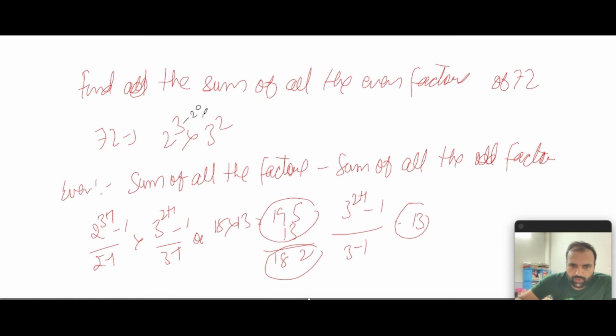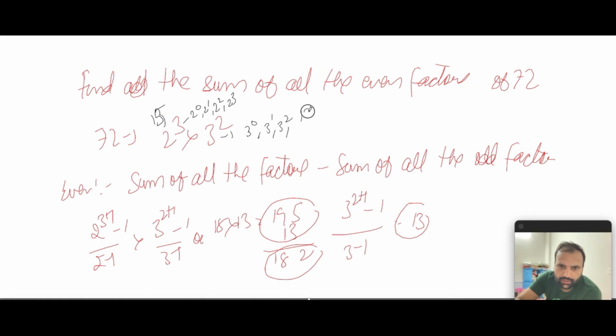Again, the sum of all the factors we can take from here: 2 cubed means 2 to the 0, 2 to the 1, 2 squared, 2 cubed, and 3 to the 0, 3 to the 1, 3 squared. That's all. So this would be 8 plus 4 is 12, plus 2 is 14, plus 1 is 15.